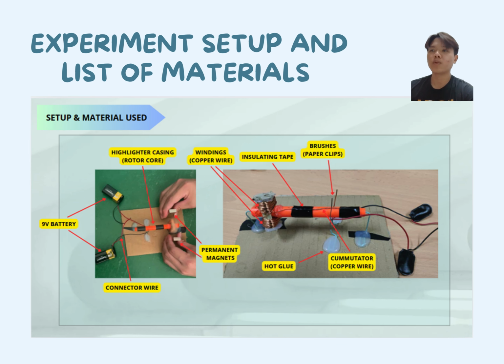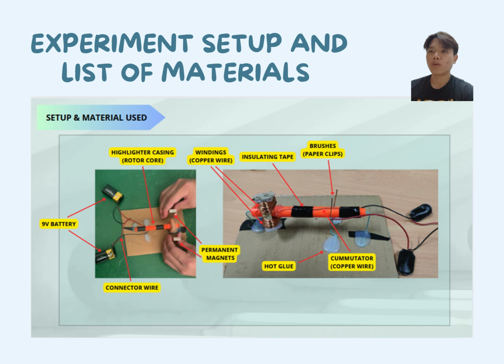Next, this is the experiment setup and list of materials that we used in our PMDC. Firstly, there are two 9-volt batteries and connector wire to connect the batteries to the brushes. Next, a highlighter casing as the rotor core, and permanent magnets to provide the magnetic field.